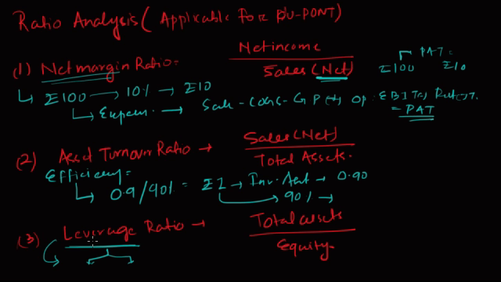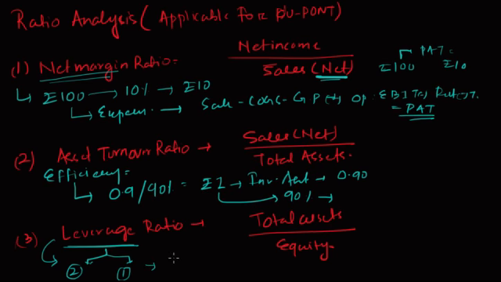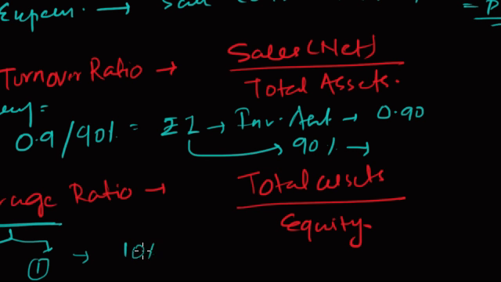So think about two examples. In the first one, suppose the leverage ratio is 2, and in the other, the leverage ratio is 1. Suppose the entity is able to generate a 10% net margin over the period of time. In such a case, if the leverage ratio is 2, the return on equity would be 20%, because leverage is something which amplifies the financial consequences.